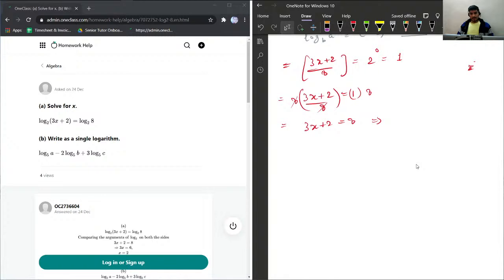I can subtract 2 from both sides, so this will be 0 and this will be 6. So 3x will become 6. I can divide both sides by 3, so this will become 1 and this will become 2. So I will get x as 2.